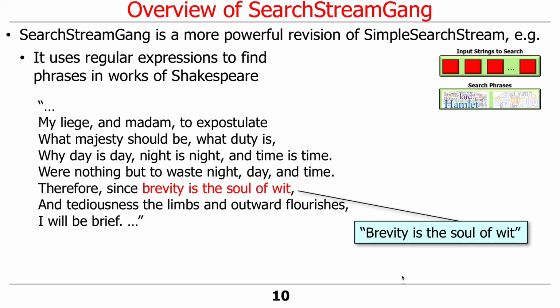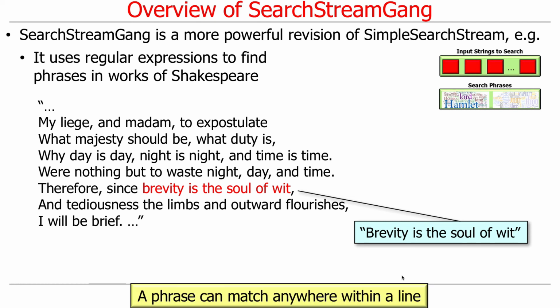So if you wanted to find a famous Shakespeare quote like "Brevity is the soul of wit," this program would search all the different parts of Shakespeare's plays and sonnets and so on, and find where "brevity is the soul of wit" occurs.